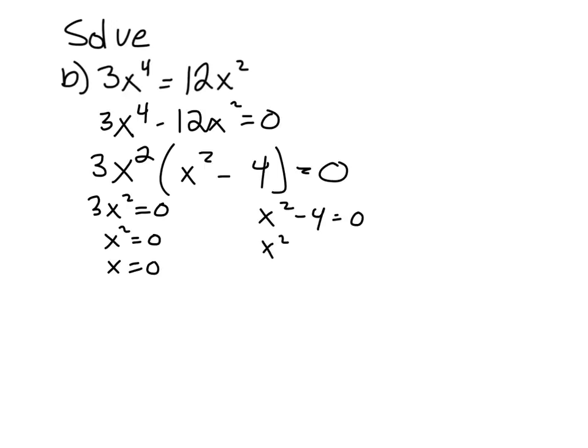X squared equals 4 if I add 4 to both sides of the equation. And then if I were to take the square root, it's plus or minus, right? Positive or negative 2 would be a solution. Okay? Because negative 2 squared is 4, 2 squared is 4. So both those are solutions. So my solution set is negative 2, comma 0, comma 2. Okay, and there's my solution set.